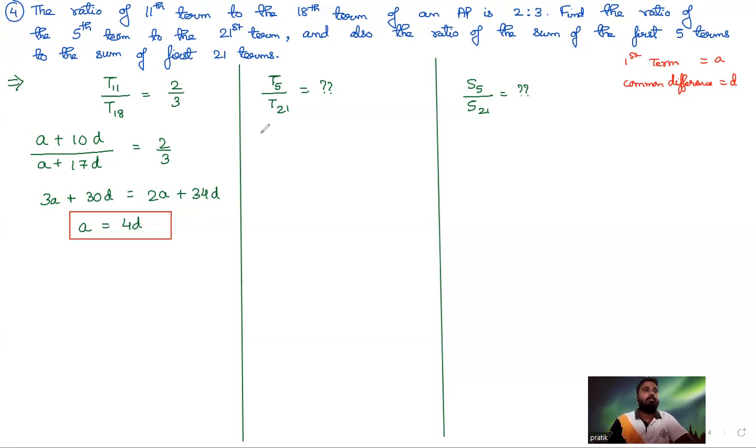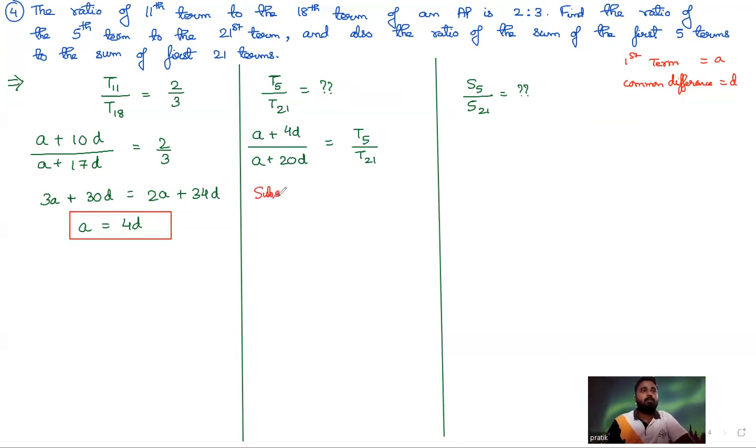So T of fifth term is nothing but A plus 4B, and T of 21 is A plus 20B, which is equal to something that we need to find out, T5 by T21. What we can do is directly substitute the value of A, which is equal to 4D. I'm just writing a step so that you understand.